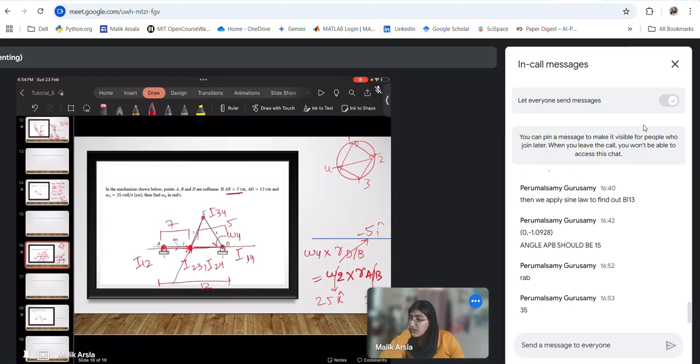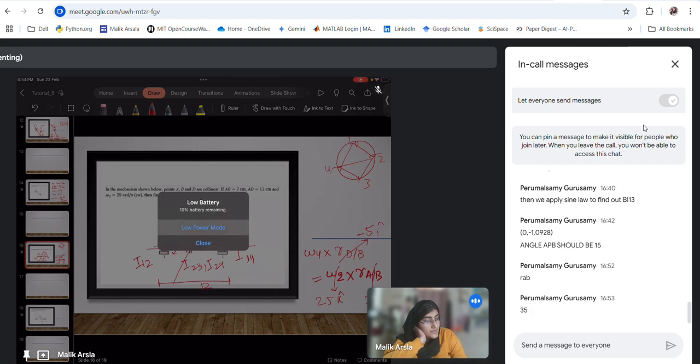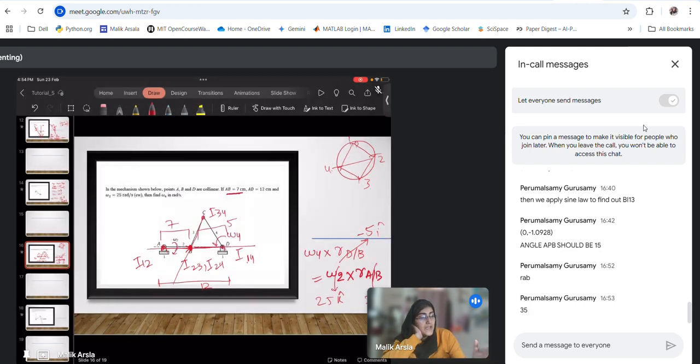It should be basically negative of 25k because it is shown clockwise rotation. We know that anti-clockwise rotation is positive, but clockwise it is negative. So omega 2 will also be taken as minus 25. Now once you put the values, take care of the signs also, then you can find out. So from here, what is the value of omega 4 coming out to be? 35. So is it positive? 35k, okay, 35k cap.